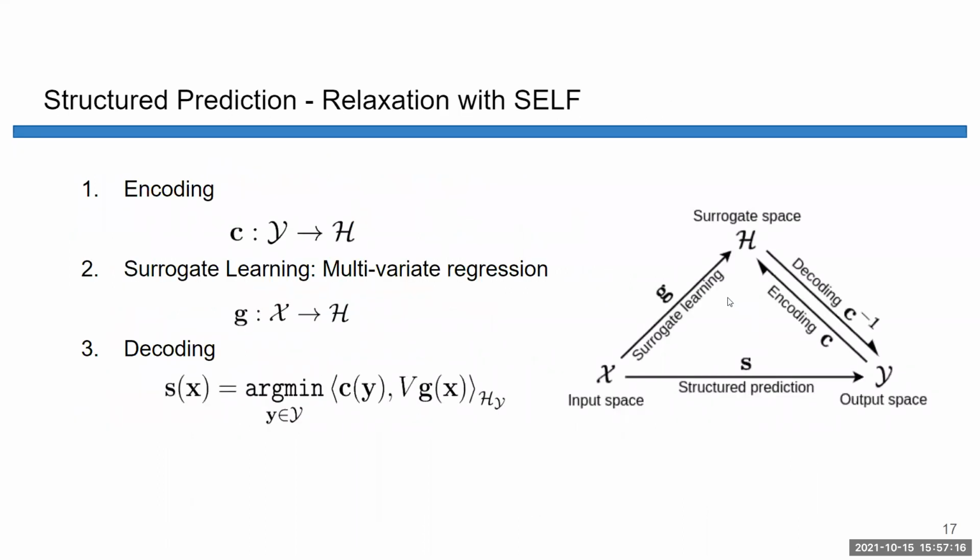With this definition, we can simplify the structured prediction further. So we will choose the multivariate regression in our surrogate learning, and the decoding rule is chosen in this equation.